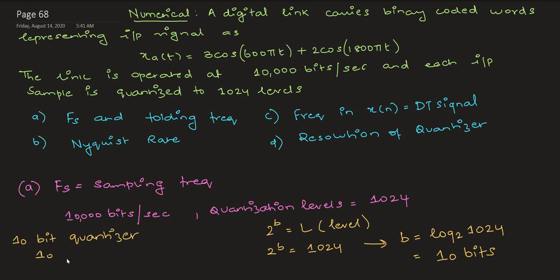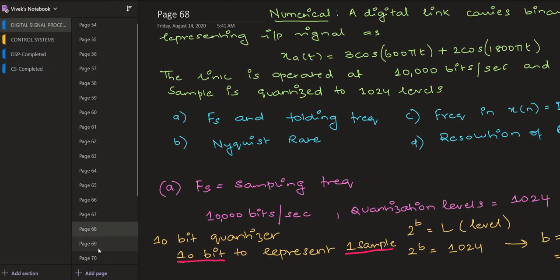Then I'm having 10,000 bits per second. Now I have to find the sampling frequency, which is samples per second. I can get it from bits per second: this is my bits per second, and my quantizer is using 10 bits per sample.